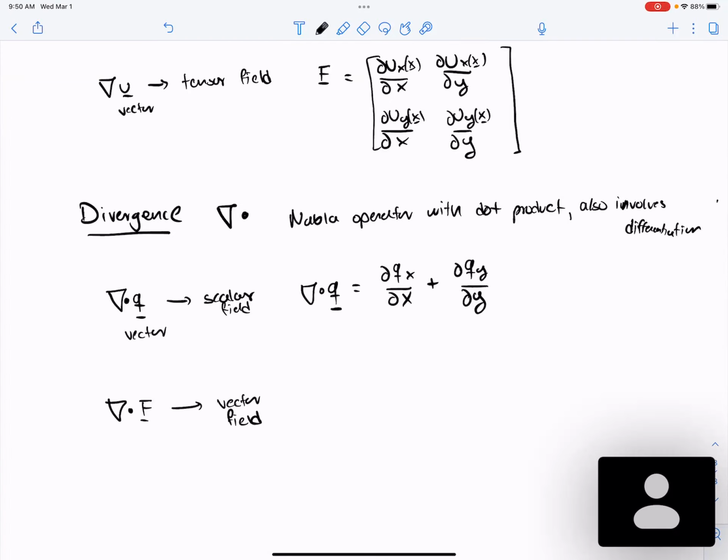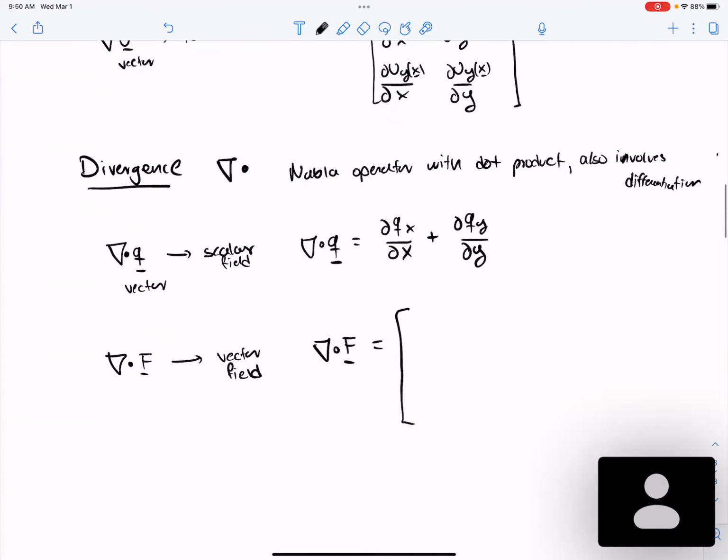For the divergence of a tensor field, sorry, that one will give you a vector. So in this case, a 2x2 matrix will result in a 2x1 vector, and it will involve partials. So this will involve the xx component with respect to x plus the xy component with respect to y. And here, the yx component with respect to x plus the yy component with respect to y.